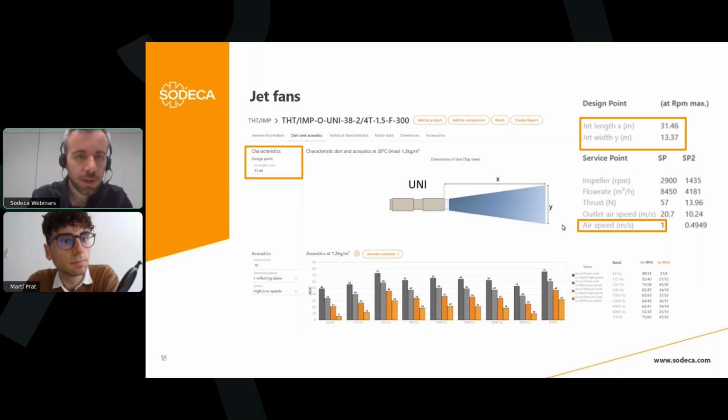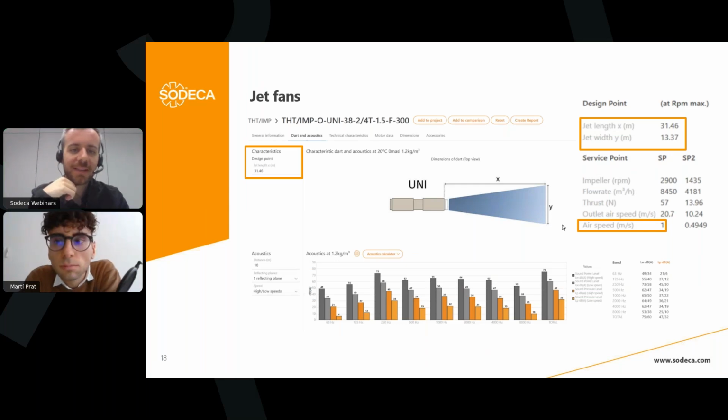Okay, more questions. If we have a car park with 3,000 cubic meters, what is the recommended extraction capacity? Is 3,000 cubic meters per hour enough based on the 10 air changes per hour? I repeat, we have a car park with 3,000 cubic meters.